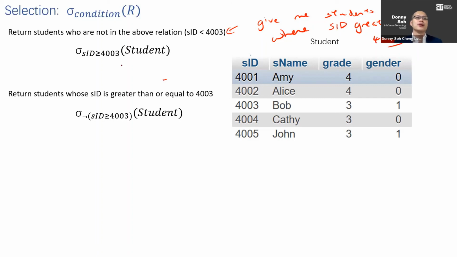Yeah, so sorry, there's a double negative here. It's not in this, so it's actually greater than or equals to 4003. So in this aspect, we are looking at a selection of the students whereby my SID is greater than or equals to 4003.